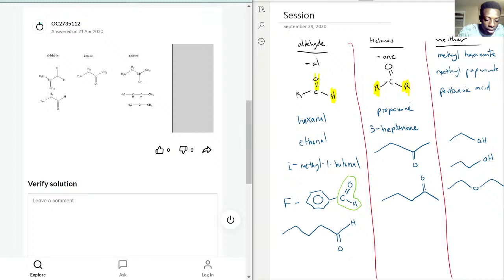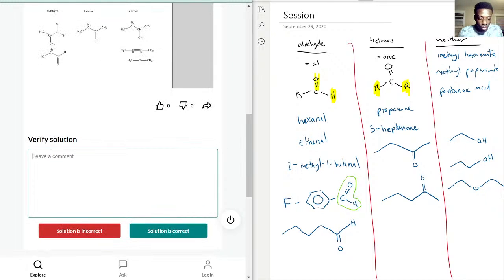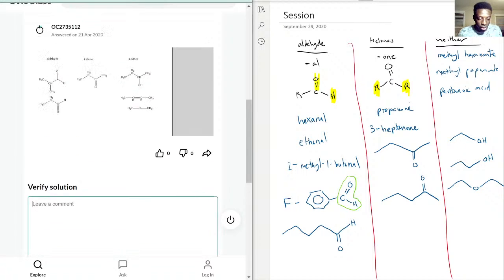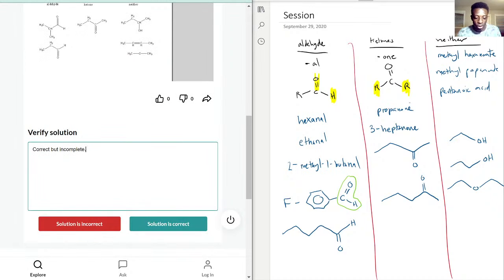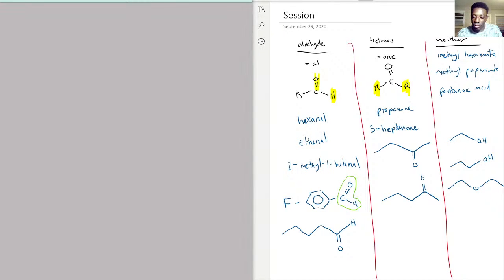Ketone, they did show that there's 2 functional groups on either side, and neither, they just put everything else there. So that is correct. And so with that, let me just put correct but incomplete. They did have the right basis for this question, so I'll mark that as correct. So let's go on to the next one here.